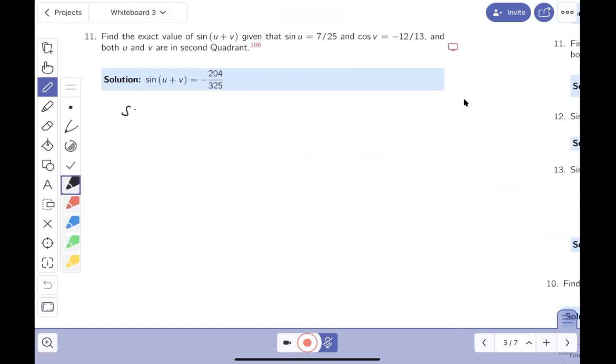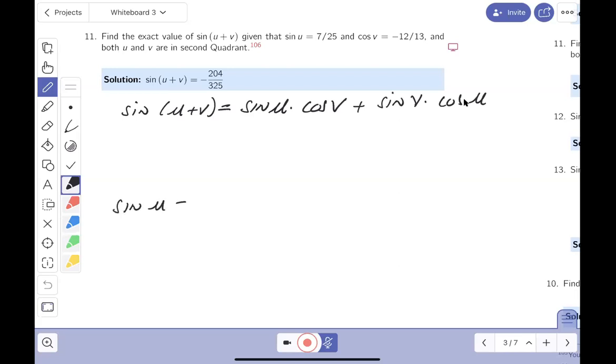So the sine of u plus v is sine of u times cosine of v plus the sine of v times the cosine of u. All right, let's write this down. I know the sine of u, and that's 7 over 25.